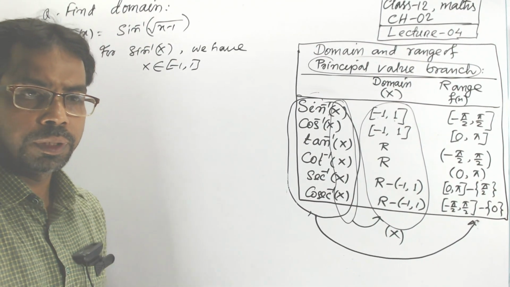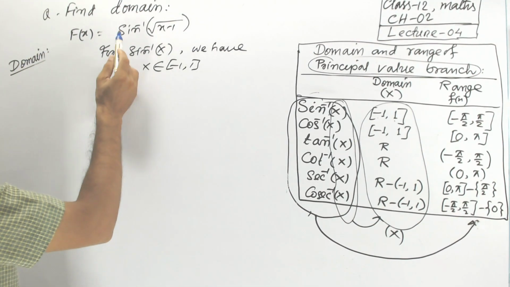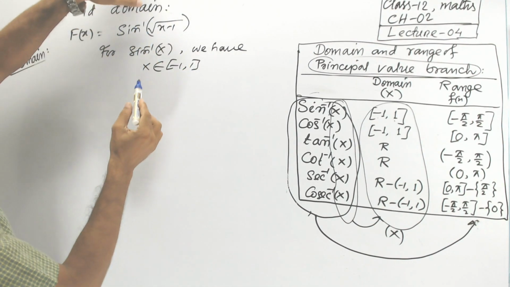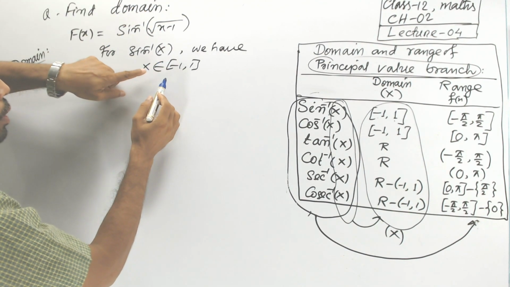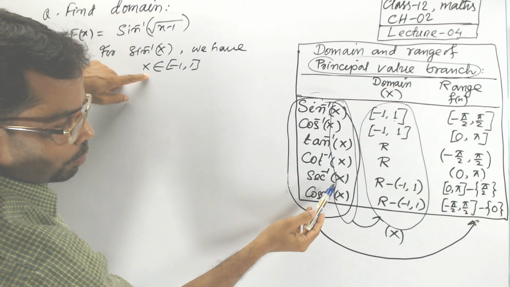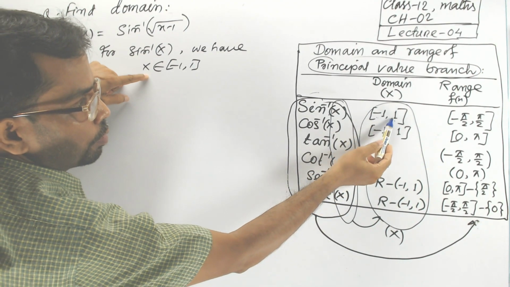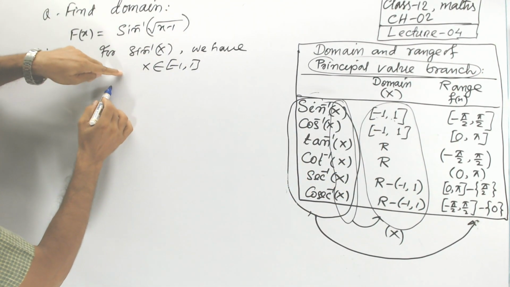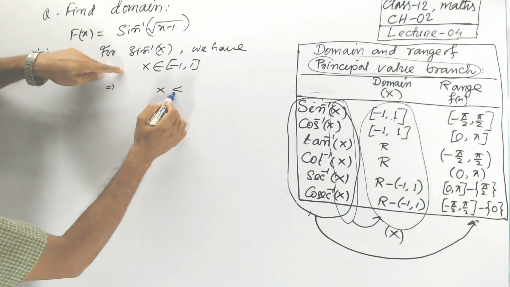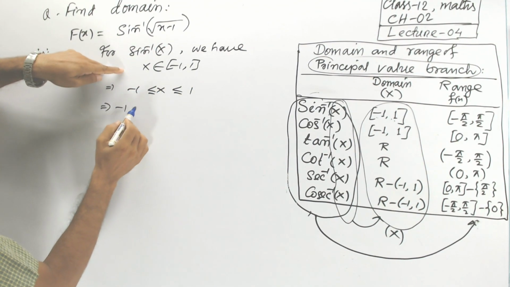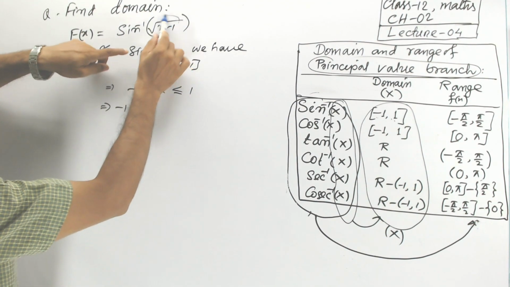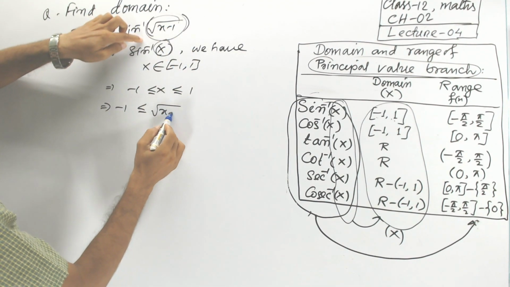The next question is again sine inverse of under square root this, and again the same concept for sine inverse: x must be between minus 1 to plus 1. I have written here, that means x lies between minus 1 to plus 1. And in place of x, what is here? In place of x here, it is under square root x minus 1.